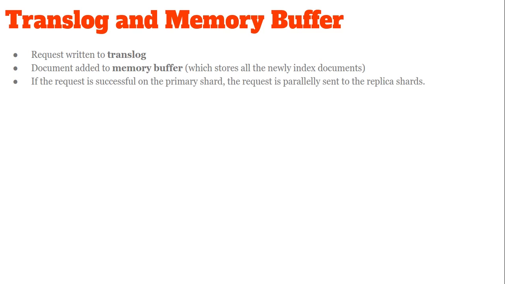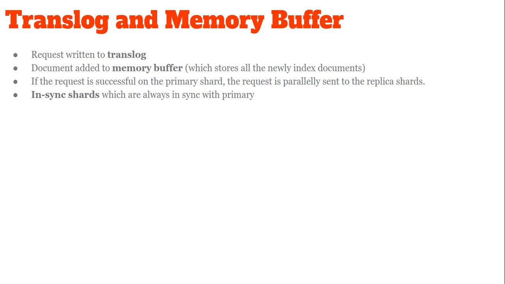So if this request is successful on the primary shard, the request is sent in parallel to the replica shards. There is a concept of in-sync shards, which are in sync with the primary. So this fsync of the translog need not happen in all the replica shards, but there is a set of good replica shards which are always in sync with the primary shard.